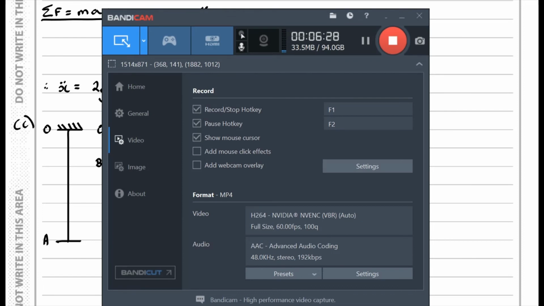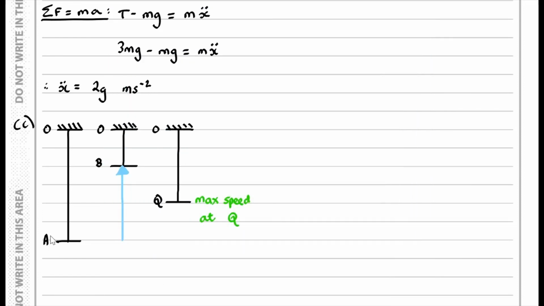So hopefully you can see over here that the particle starts at the point A and it goes to the point B, and I've shown that in blue over here, and the max speed would occur at this point Q over here, and this is where the particle is in equilibrium.